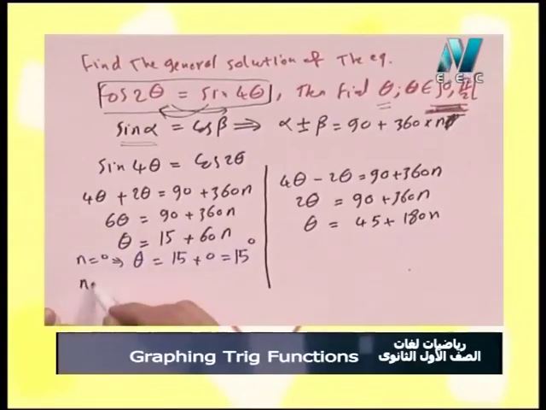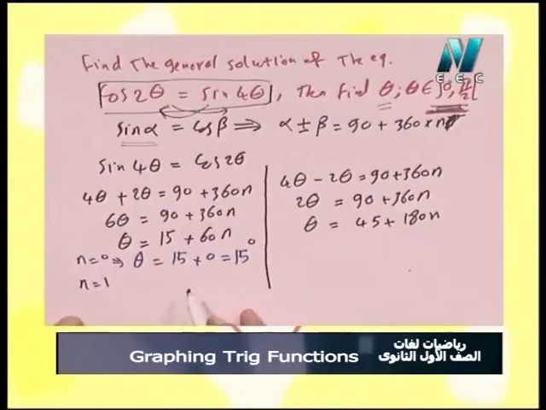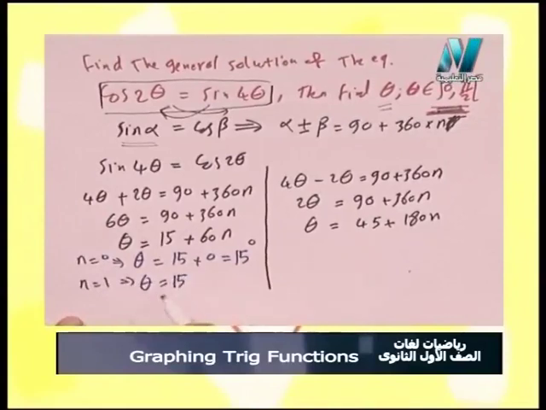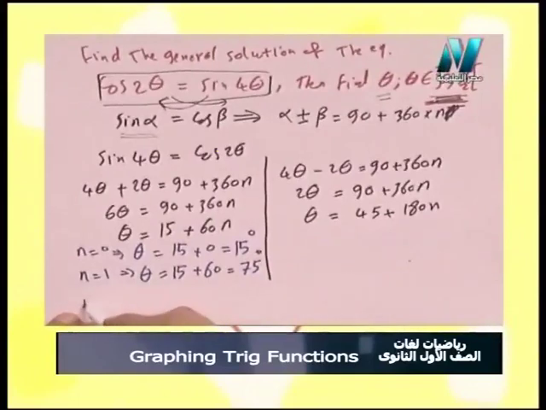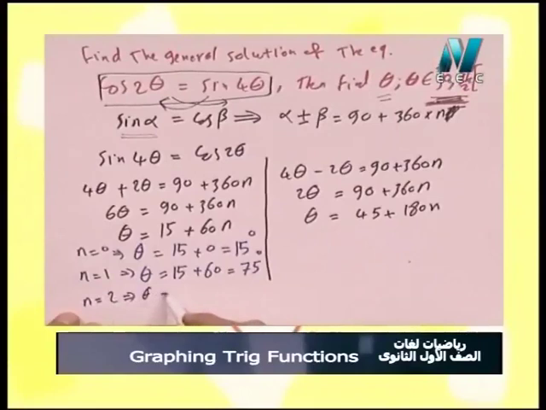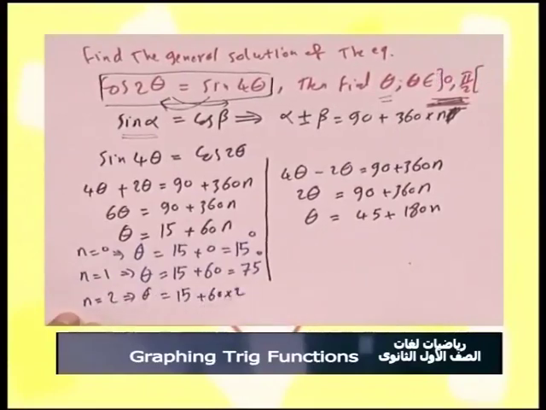When we put n equals 1, theta will be 15 plus 60 times 1, so it equals 75 degrees. When we put n equals 2, theta here will be 15 plus 60 multiplied by 2, and it will be 135 degrees.